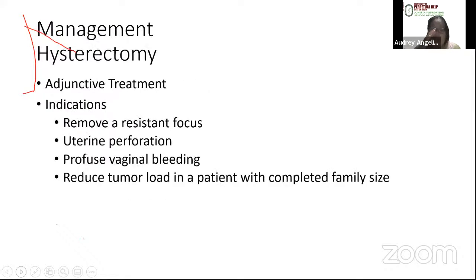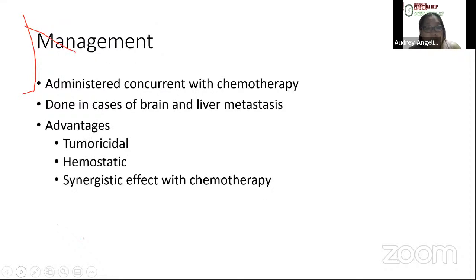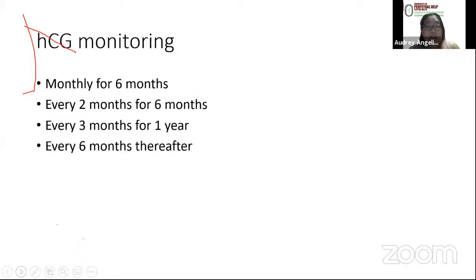So indications for hysterectomy would be removing a resistant focus, uterine perforation, profuse vaginal bleeding, or to reduce tumor load. Okay. So radiotherapy is administered concurrent with chemotherapy, done in cases of brain and liver metastasis. The advantages would be that it is tumoricidal, it could be hemostatic, and has a synergistic effect with chemotherapy.